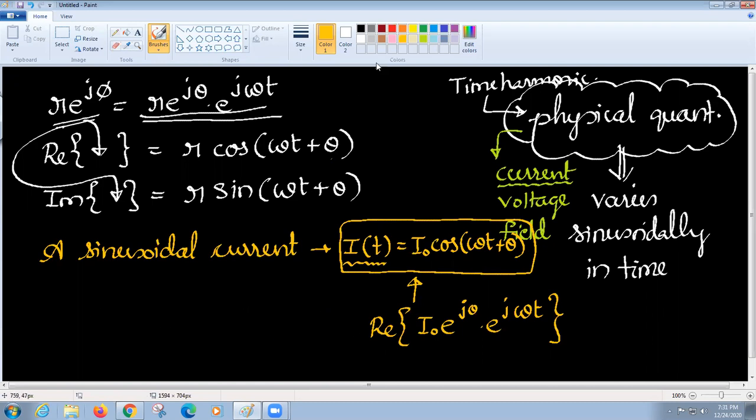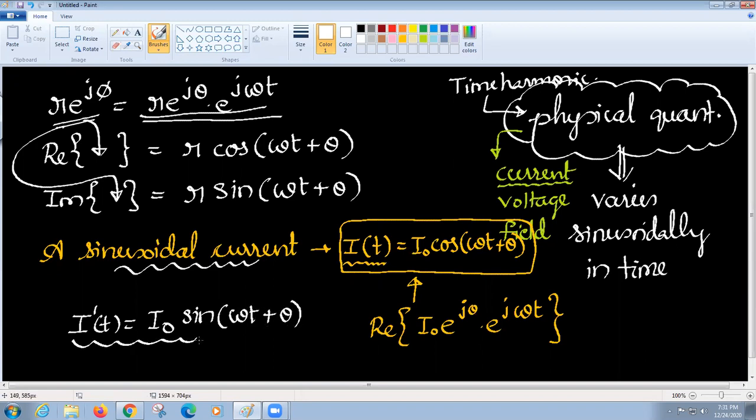Say some I prime t is equal to I naught sine omega t plus theta. I can take the physical quantity current not only cosinusoidal but also sinusoidal, again showing a physical quantity current in time harmonic form.